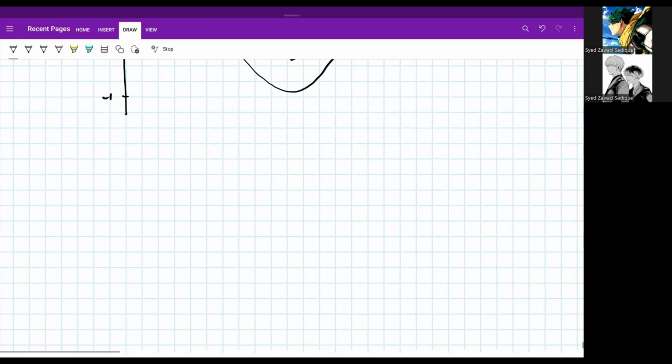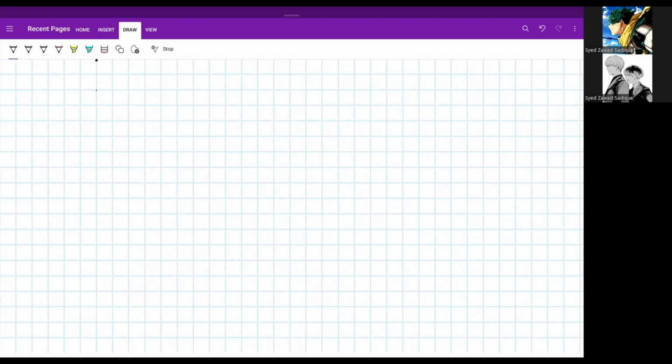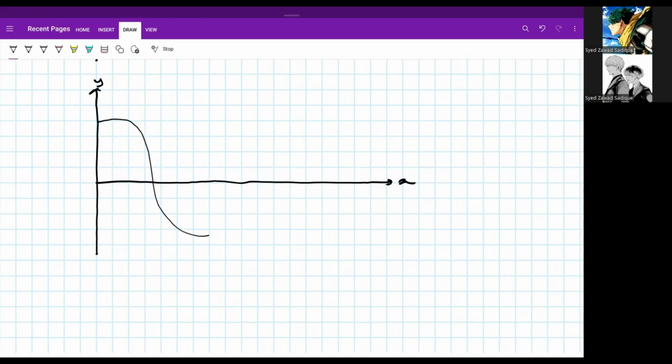Next, you're required to know the cos x graph. Very simple. X, y. Okay.